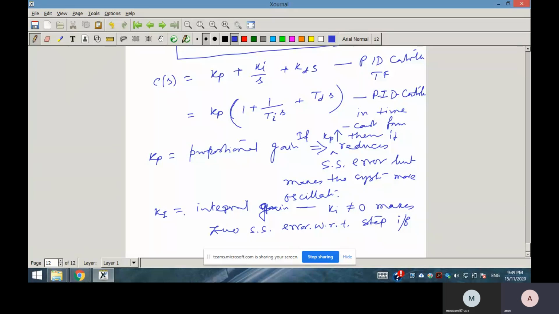So that is the beauty of PID controller. If you have a PI or PID controller, then your steady state error with respect to step reference input will always be 0. But in case of Ki, it makes the system sluggish.